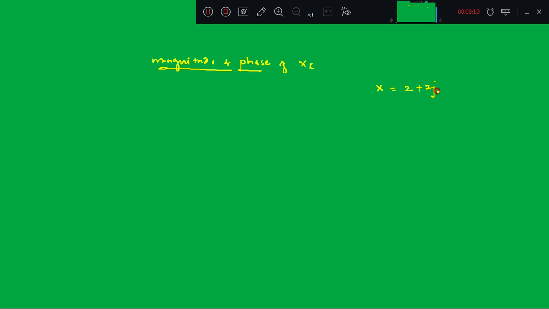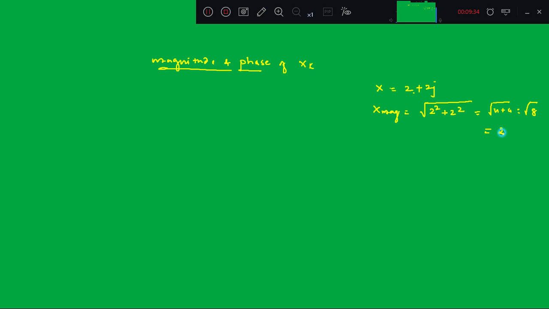So how to find its magnitude? Its magnitude can be calculated as x mag, that is magnitude. It is the square root of the real part square plus imaginary part square. So 2 square plus 2 square, which is equal to square root of 4 plus 4, square root of 8.